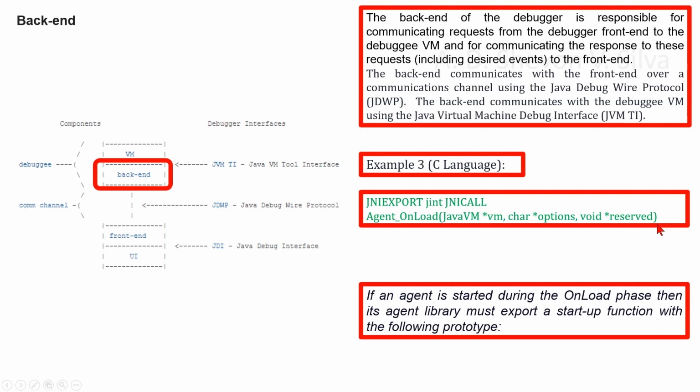The VM will call the Agent_OnLoad or Agent_OnLoad_agent-name function with options as the second argument. That is, using the command line option example, option1 and option2 will be passed to the char asterisk options argument of Agent_OnLoad. The options argument is encoded as a modified UTF-8 string.